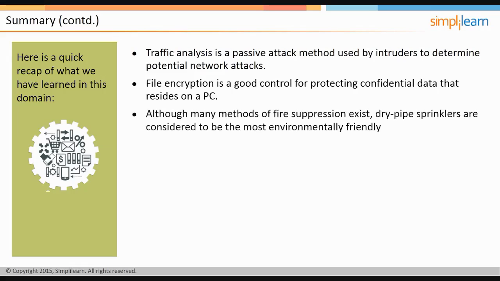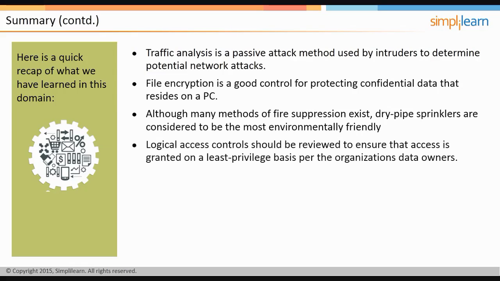10. Although many methods of fire suppression exist, dry pipe sprinklers are considered to be the most environmentally friendly. 11. Logical access controls should be reviewed to ensure that access is granted on a least privilege basis per the organization's data owners. 12.